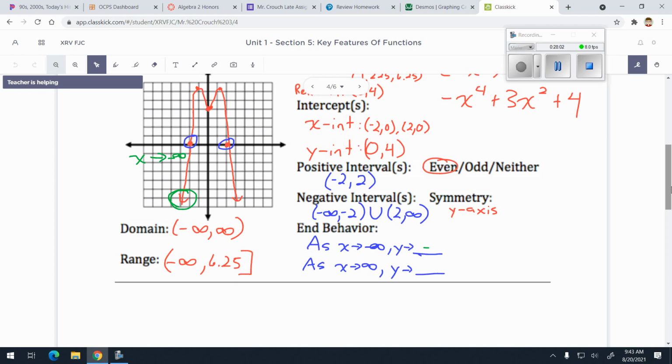Negative infinity. Whereas on the other side, x is approaching positive infinity, this guy over here, meaning you're looking at that arrow, and again, which way is it pointed? Down, so it's also going to negative infinity.